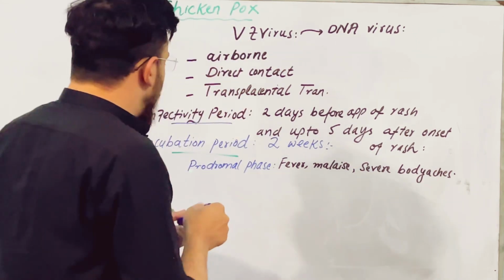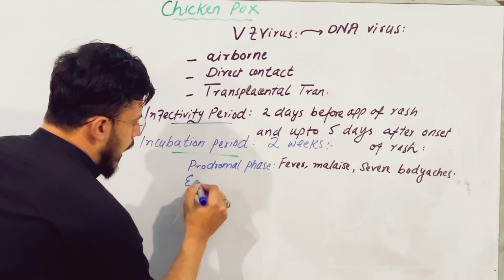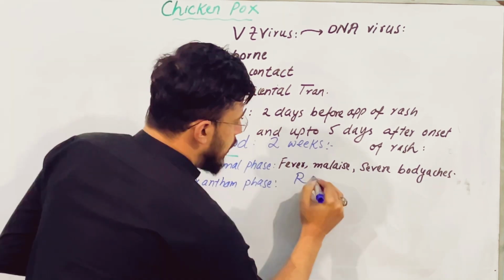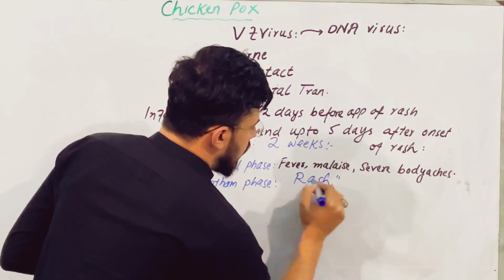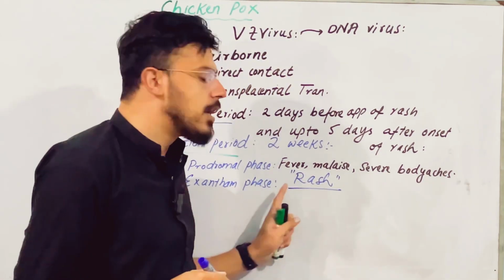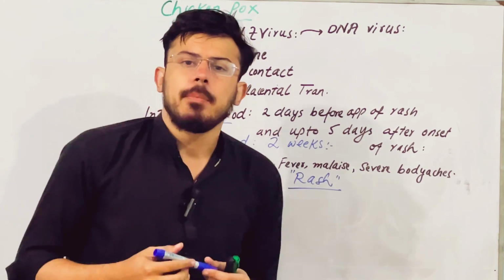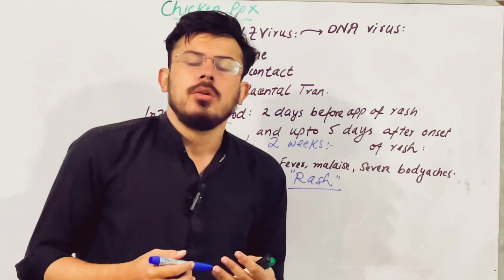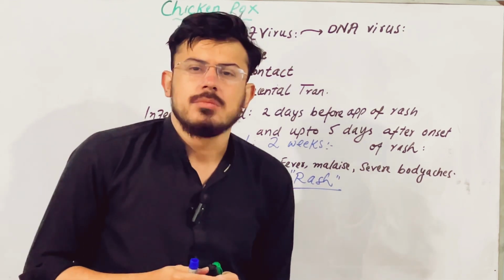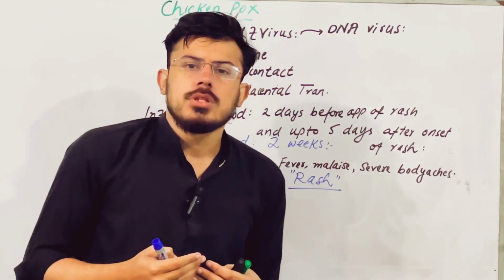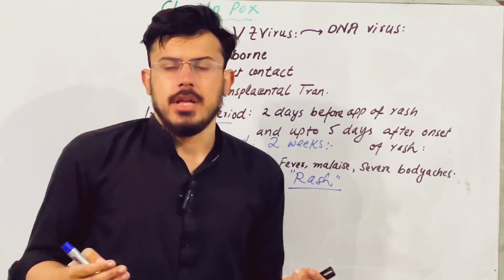After the prodromal phase, there is the exanthem phase, in which the rash begins to appear. The rash first appears on the trunk, then spreads to the face and scalp, and ultimately involves the extremities. But sometimes it can also appear in the oral mucosa, genitalia, and palms and soles.